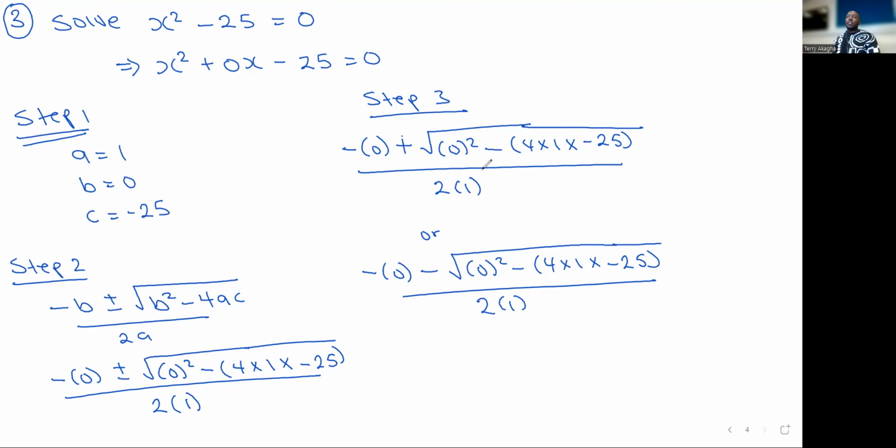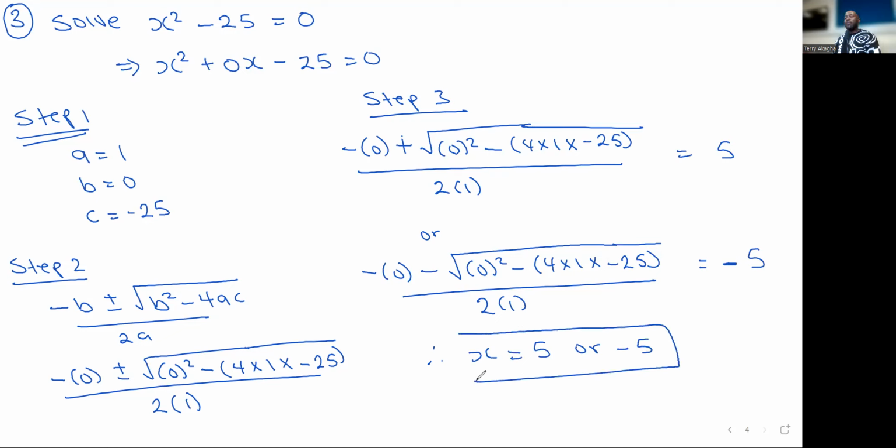When you press your calculator for the first one, it's going to give you 5. And for the second one, it's going to give you minus 5. So the answer is x is equal to 5 or minus 5.